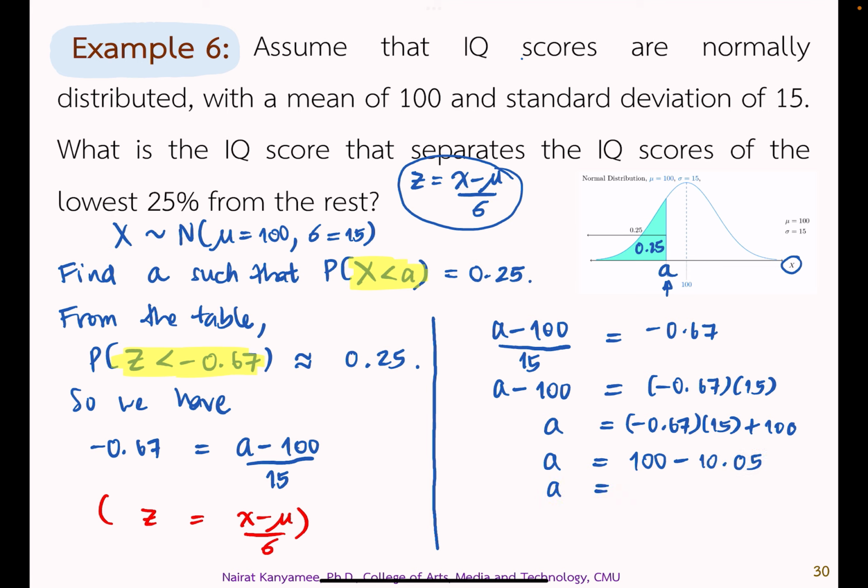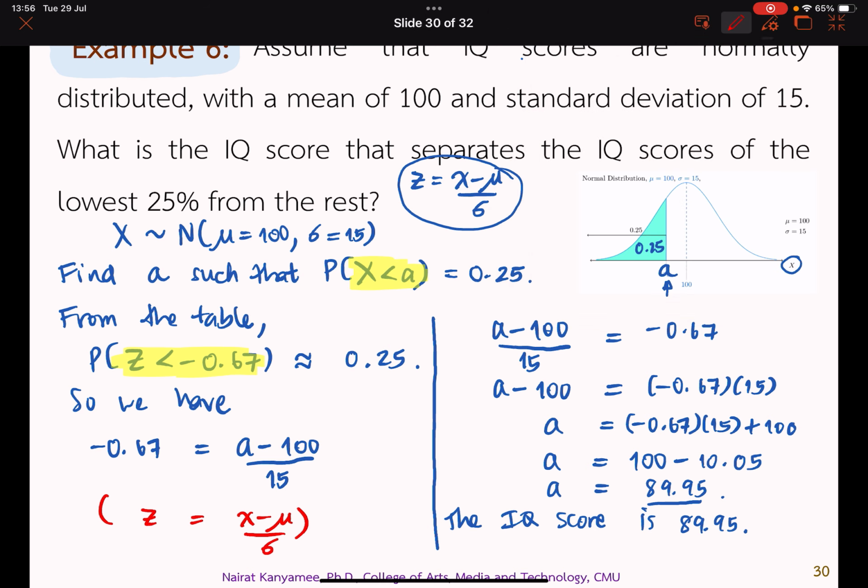So a is going to be 89.95. That means the IQ score is 89.95. That's the answer. Here you need to work out the area first, and then you compare with the formula to get the value of x, the little x, and I name it a for this one. This is the little x that we are looking for.